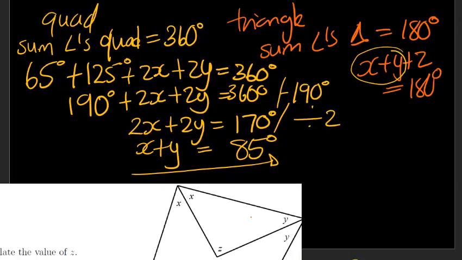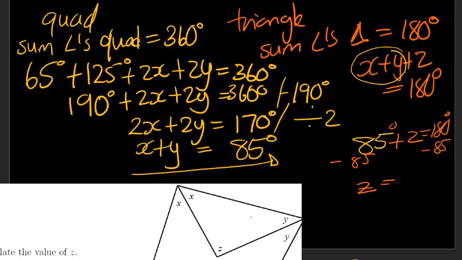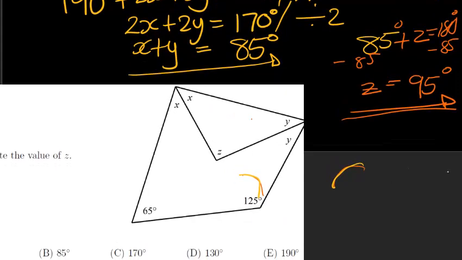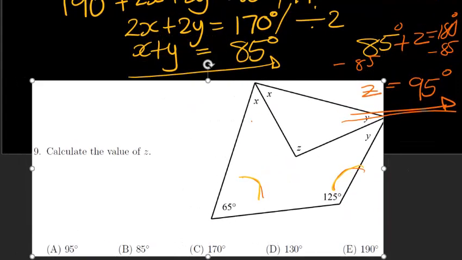So I'm saying 85 plus the z is equal to 180. Okay. So what do I say? Minus 85 on both sides. So z is going to be equal to 95 degrees. 180 minus 85 is going to be 95 degrees. And that's the answer to the question. So if we look at the question paper again, our answer is going to be A, 95.